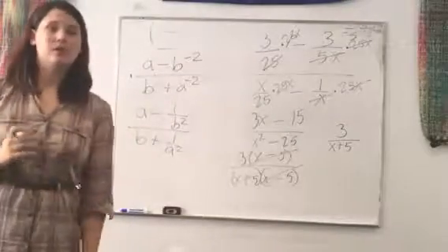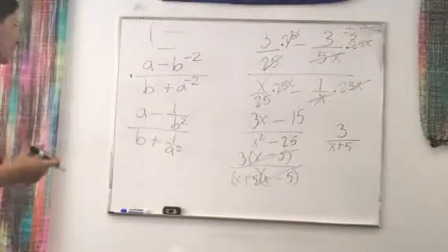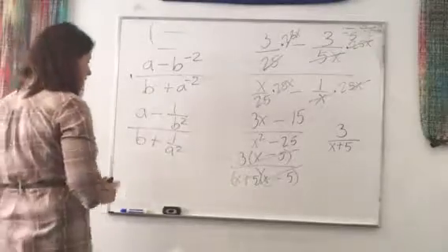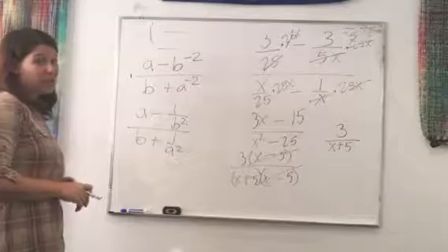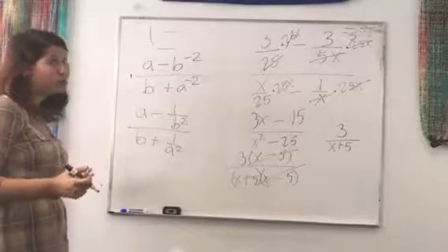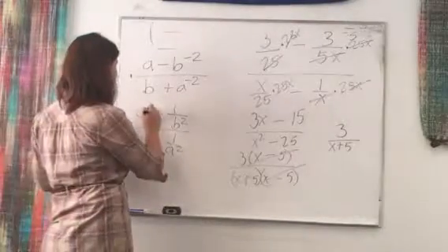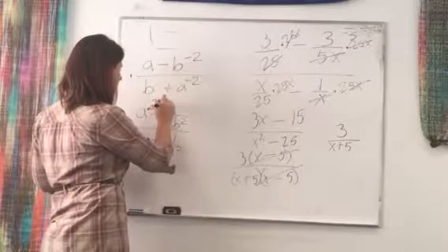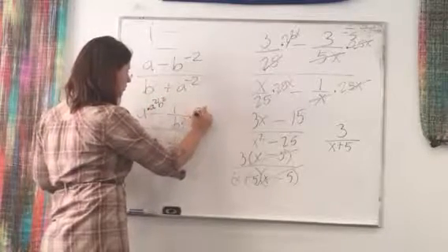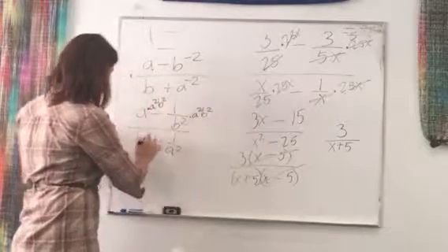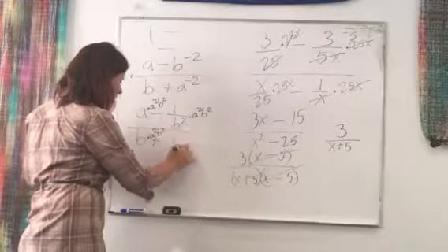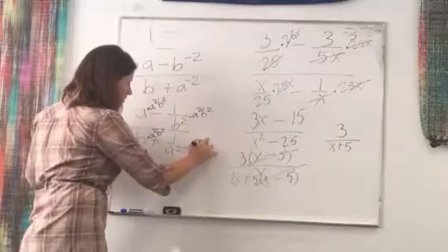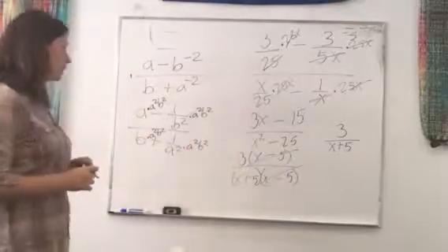Okay, so with this one, we're going to again find the LCD. a squared and b squared have nothing in common. So just multiply by a squared b squared, right, on every term. So then still times a squared b squared, and cancel out what you can.